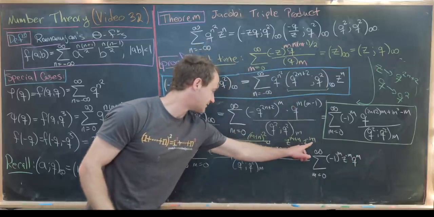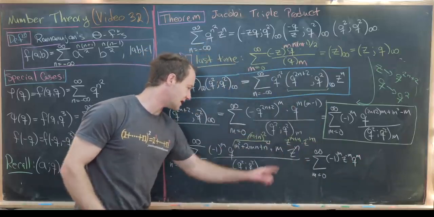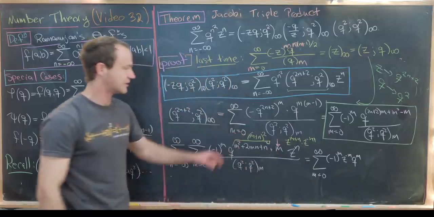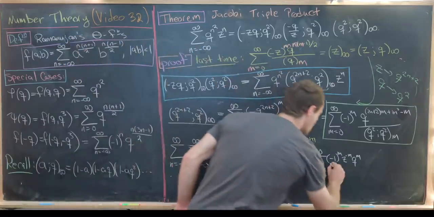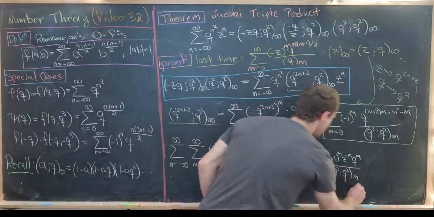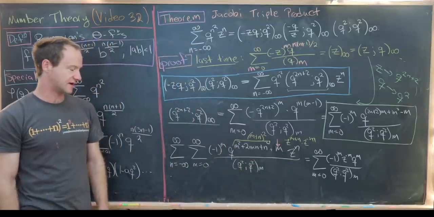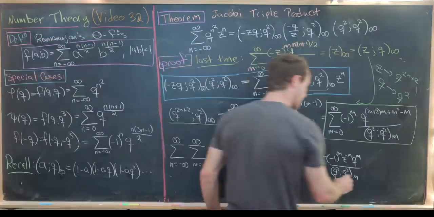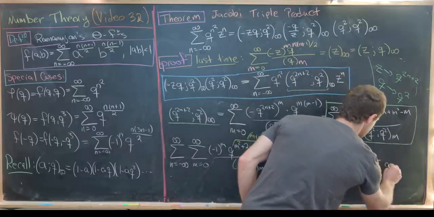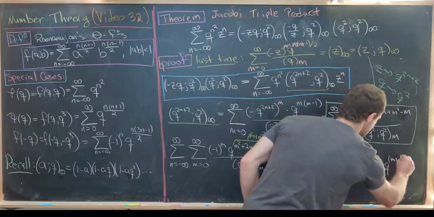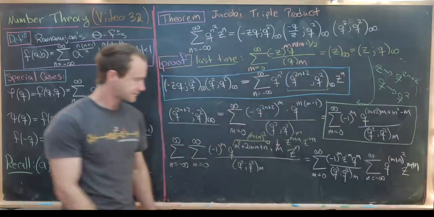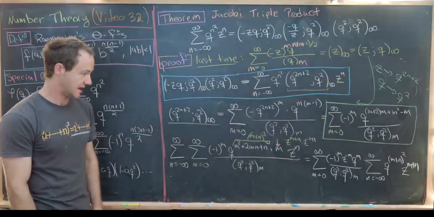So that's this z to the minus m, this q to the m from this m power that's left over right here after doing that factorization over q squared m. So that's all of the m stuff factored out. And then we'll be left with the sum as n goes from minus infinity to infinity of q to the m plus n squared z to the m plus n. So that's the stuff that depends on n.